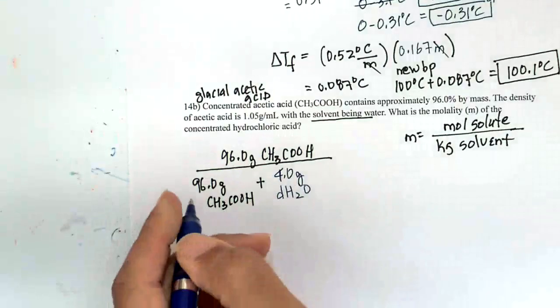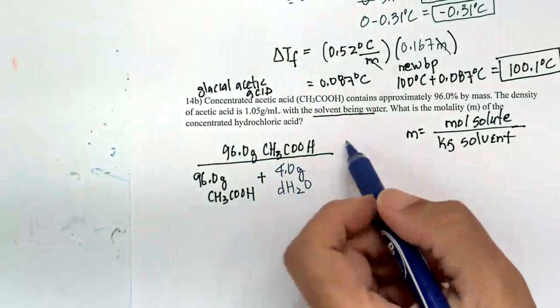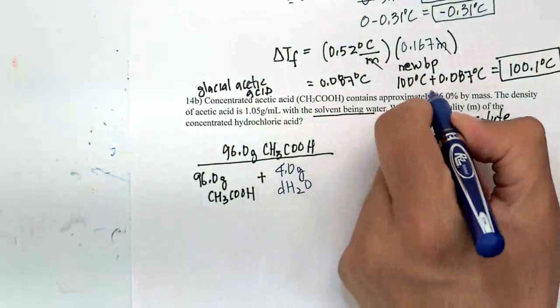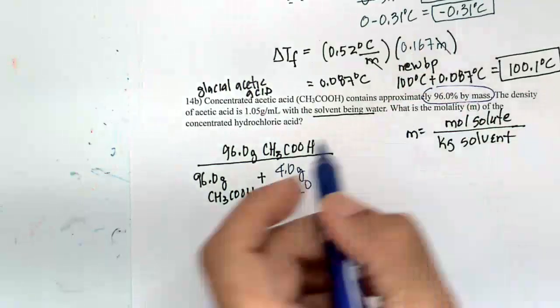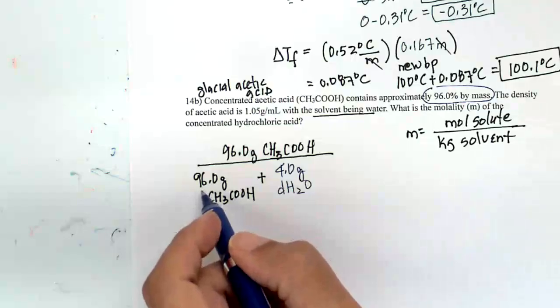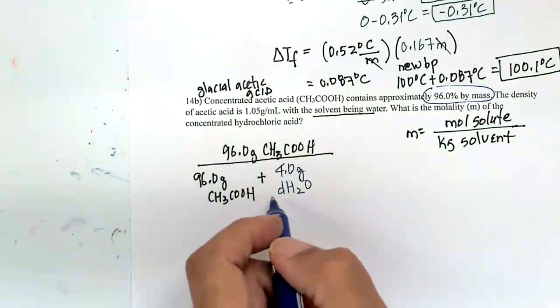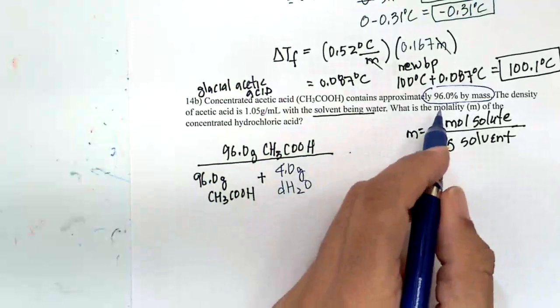We use distilled water in our chemistry labs. So this essentially means the 96% that is in the problem. If we were to deconvolute or split up the 96%, it really means 96 grams divided by the total 96 grams plus 4 grams of water, and multiplied by 100, you get 96%.